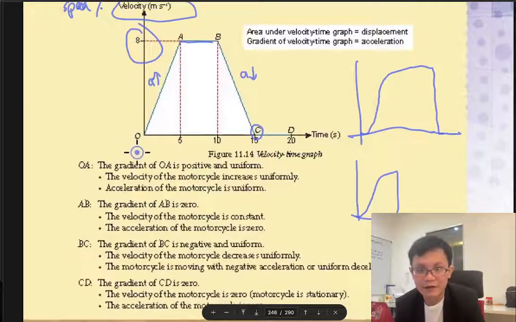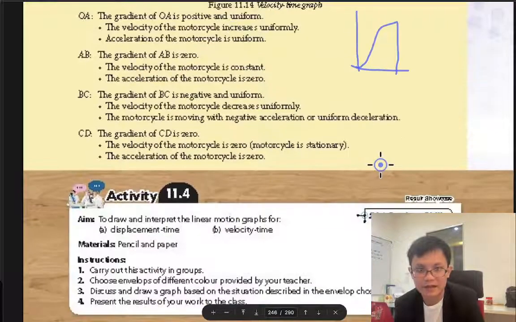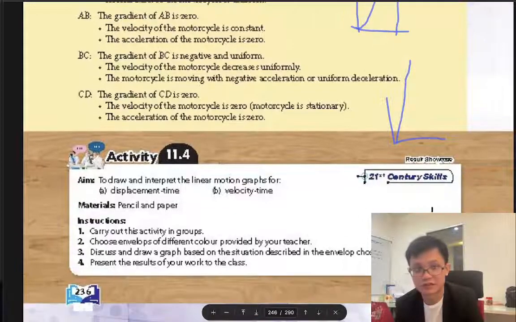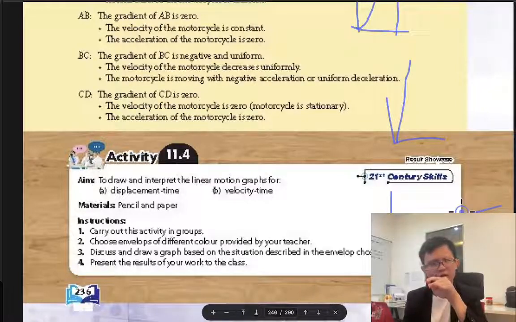So we depend on the gradient of the car. If I want to buy a car, I want to buy the car that has this gradient, which means it can go fast in a very short time. I don't want to buy the car that is like this. This is an old car, because the speed is very slow.